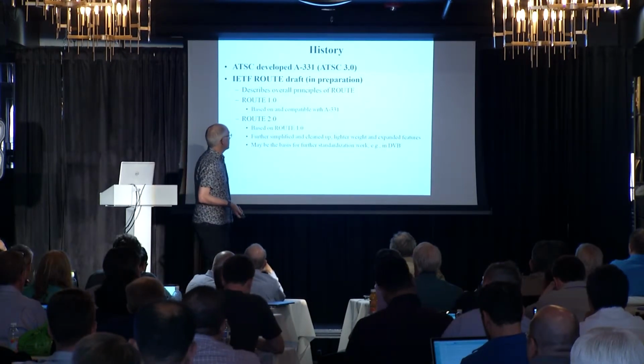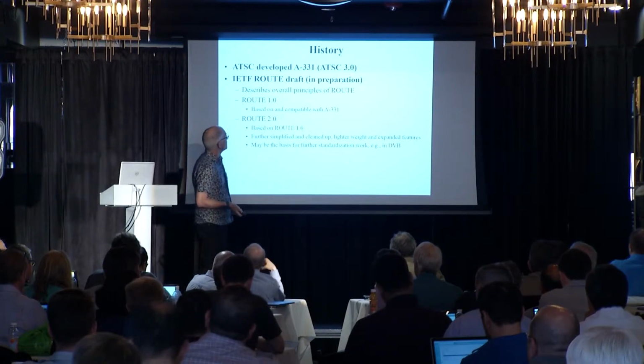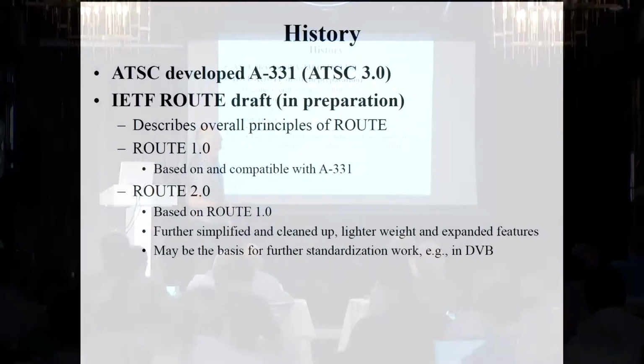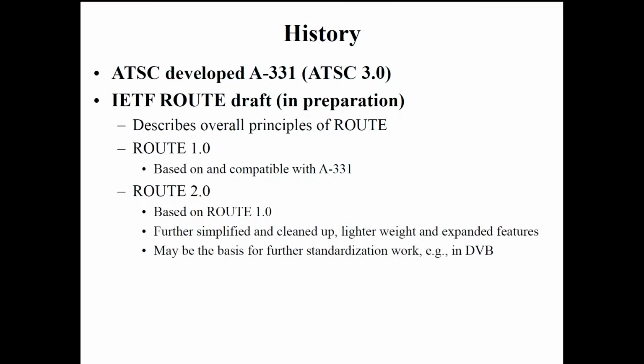So the history of ROUTE: the first version was developed by ATSC, in document number A/331, commonly called ATSC 3.0. This IETF ROUTE draft, which is in preparation, describes the overall principles of ROUTE. There's a description of ROUTE 1.0, which is based on and compatible with the A/331 document.